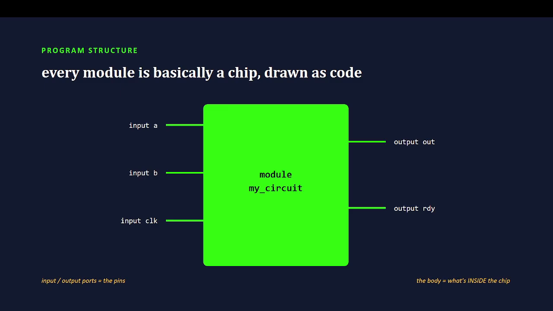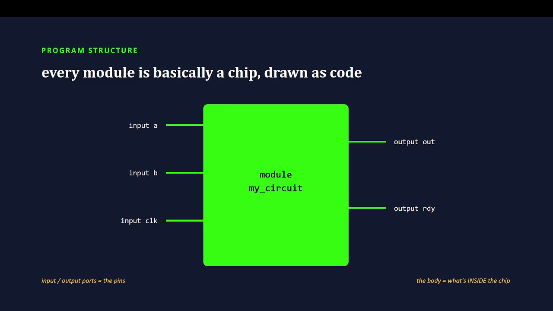Just like a real IC where you have a physical pinout diagram showing which pin does what, a Verilog module has a port list doing the exact same job, telling the outside world here is how you connect to me. And everything inside that green box, that's the module body, that's where your actual logic lives.